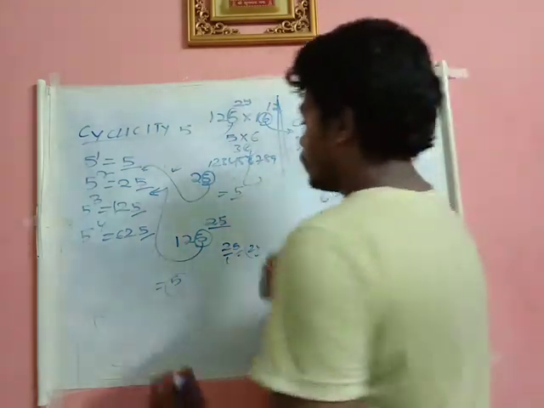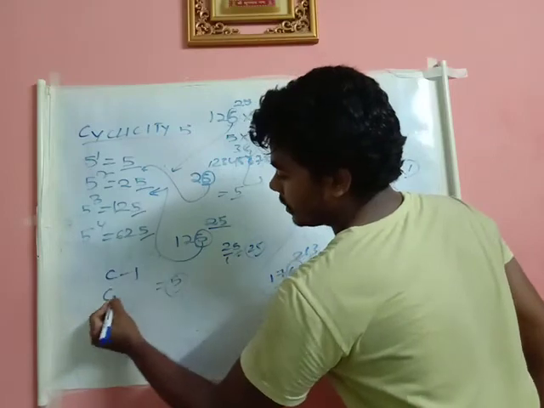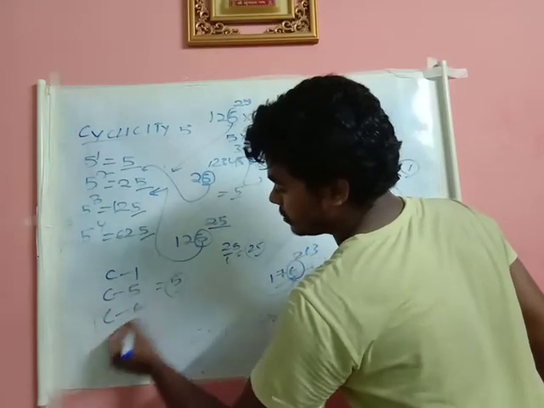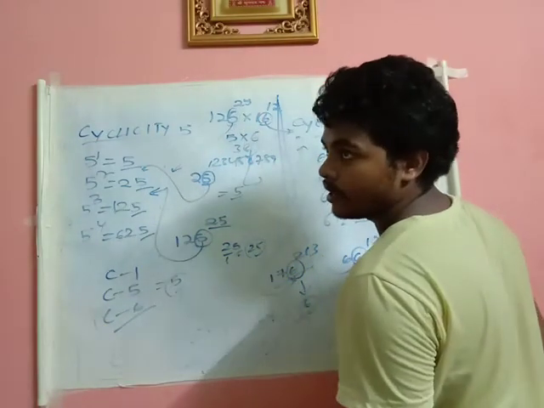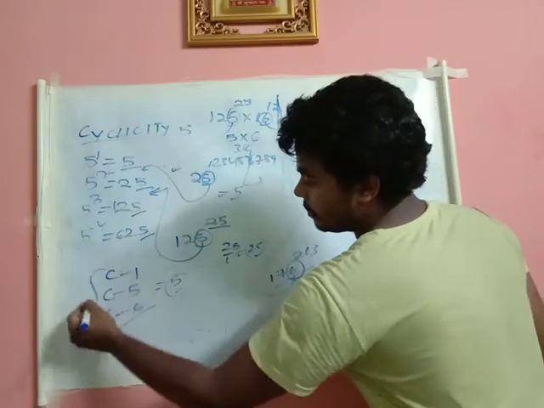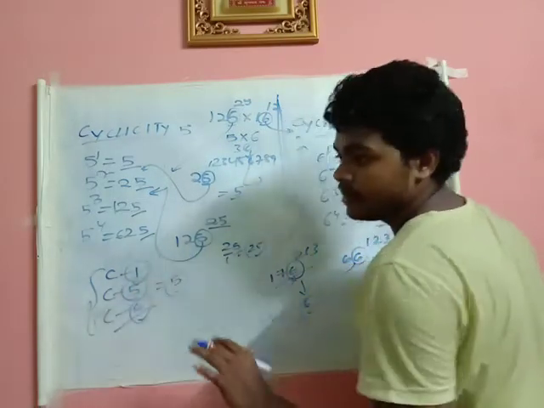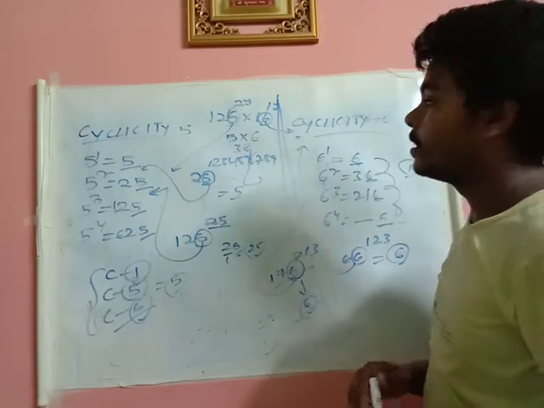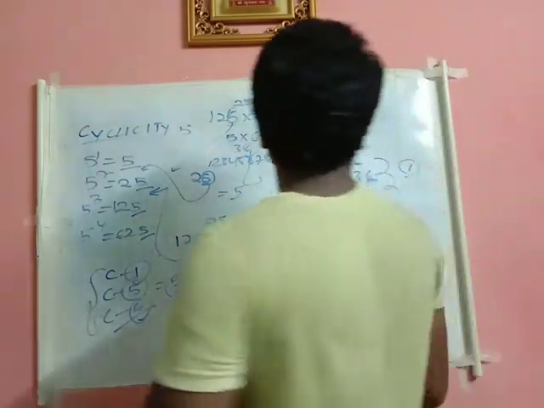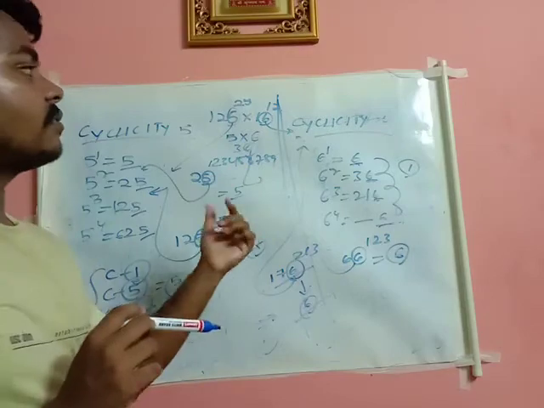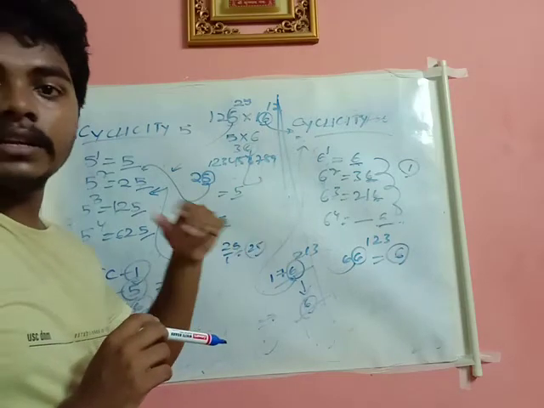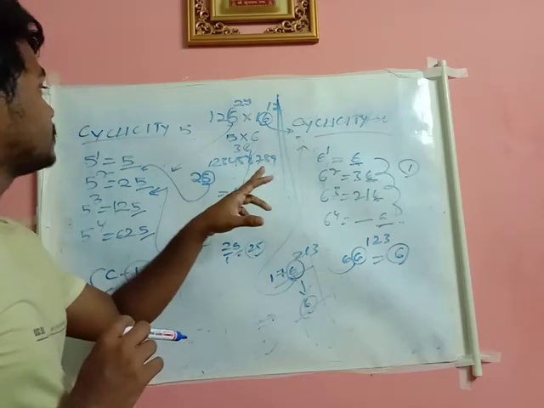Okay. So what will you tell? The cyclicity of 1, the cyclicity of 5, and the cyclicity of 6 are the same. Irrespective of the power, the unit digit is the same. So the cyclicity of 1, 5, and 6 come under one case.